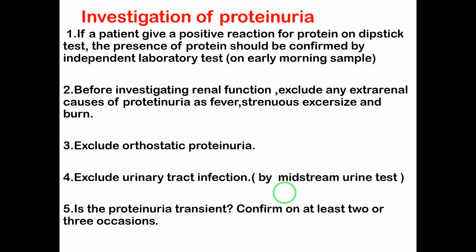Also, we exclude orthostatic proteinuria by taking a morning sample, and we exclude urinary tract infection by taking midstream urine and sending it for cytology and culture. And we must be sure that it is not a transient proteinuria by checking on 2 or 3 occasions, with a sophisticated quantitative method in the lab, not depending only on dipstick testing.